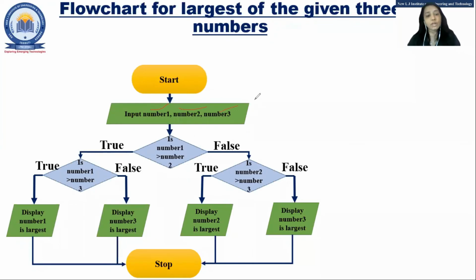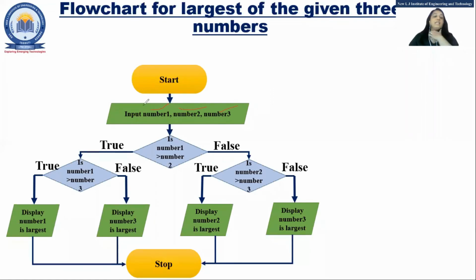Normally, to check whether number 1 is the larger one, either than number 2 or number 3, we need to check two conditions. Assume that these three numbers are all different, then this flowchart will work.